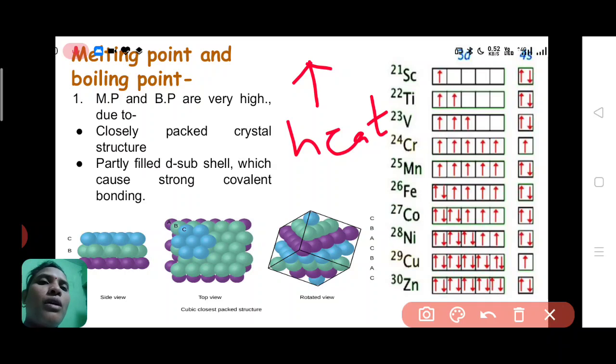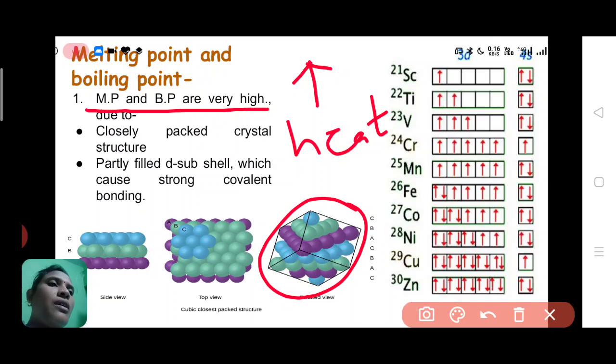That's why d block elements have high melting and boiling points, due to closely packed structure and due to partly filled d orbitals.